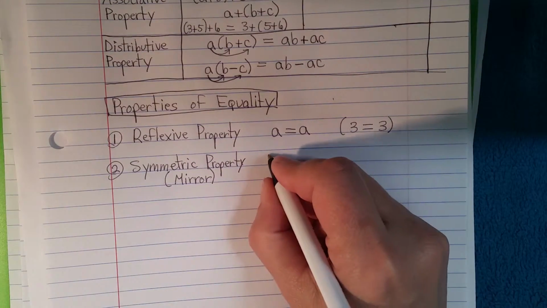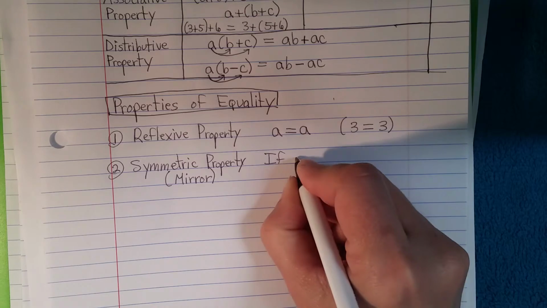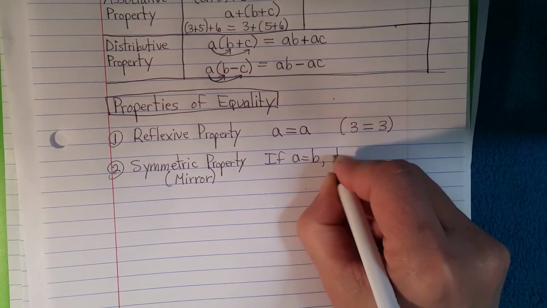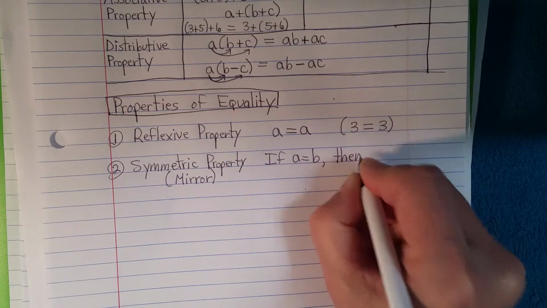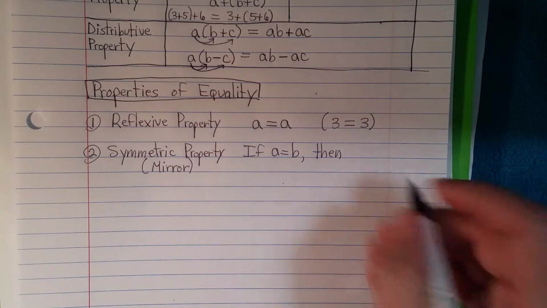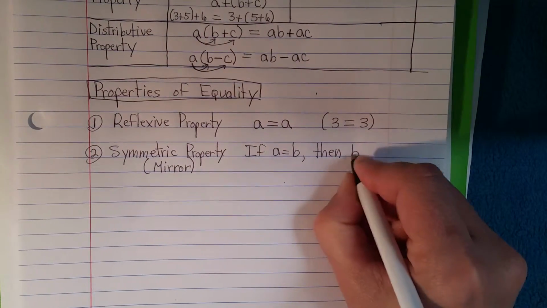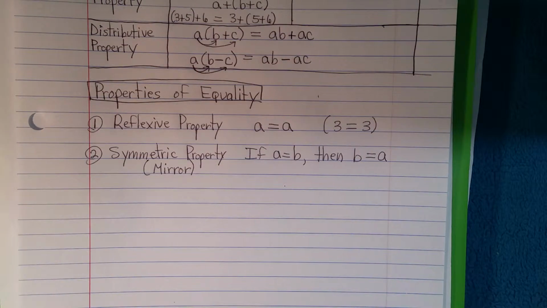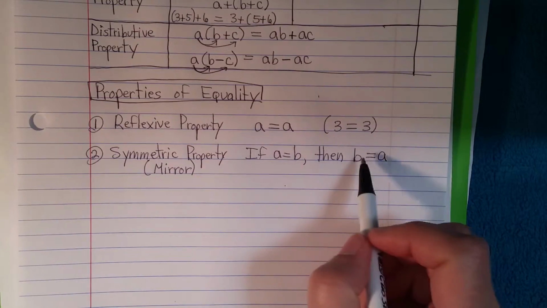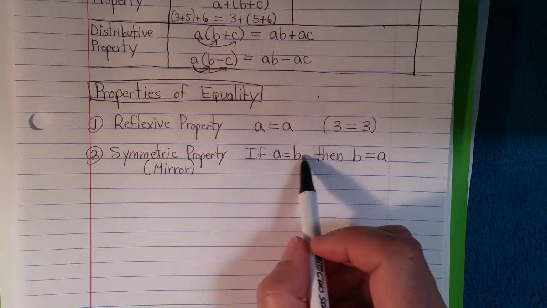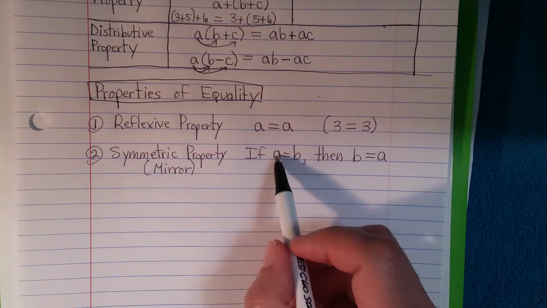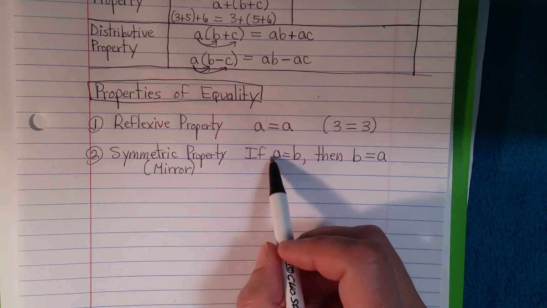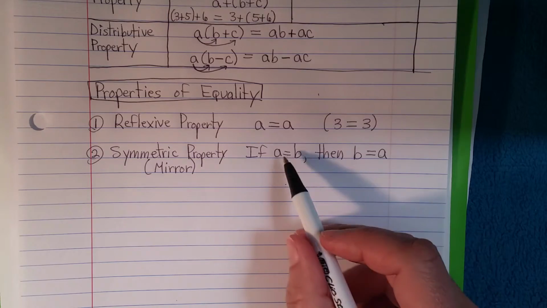So it goes, if A equals B, then B equals A. Don't mix this up with commutative. Even though the order is switching, I'm switching the left and the right side of the equal sign. There's an equal between them, and I'm switching the left side and the right side.